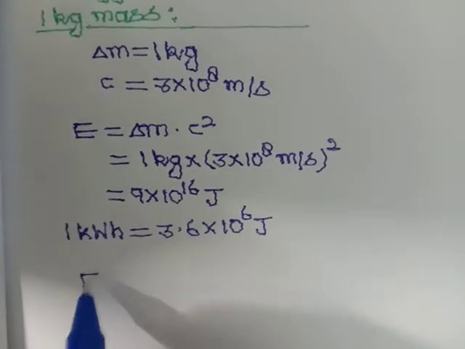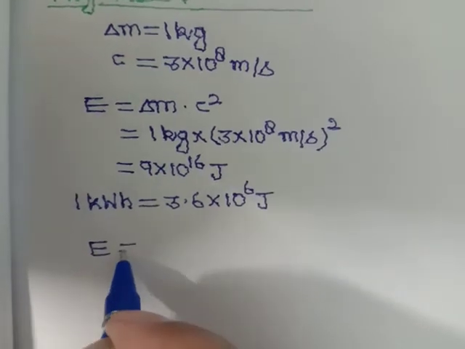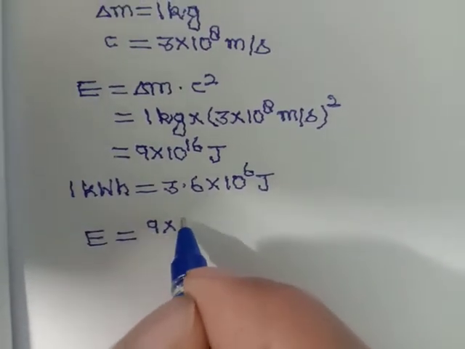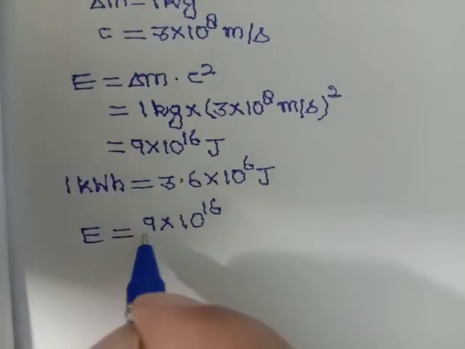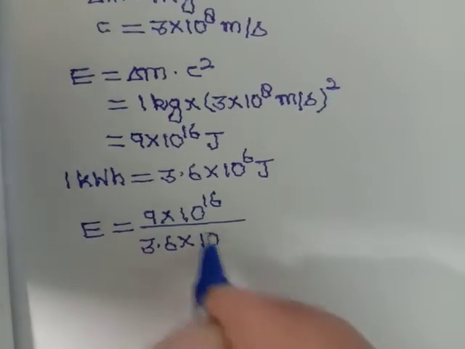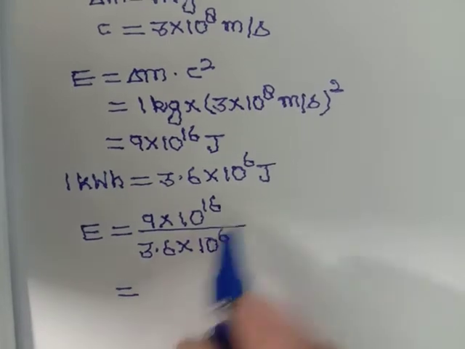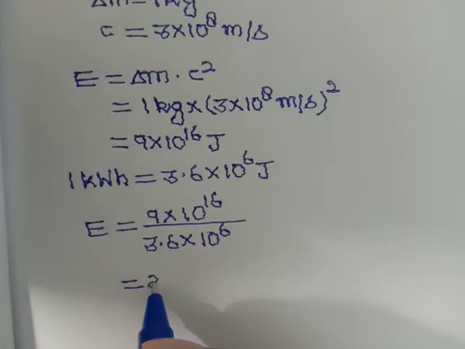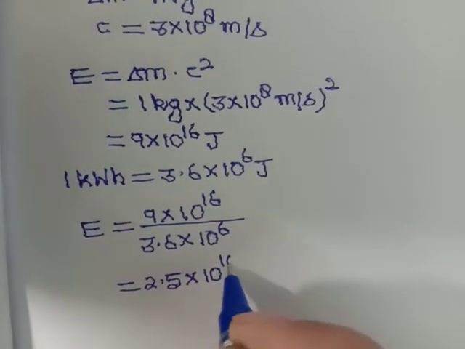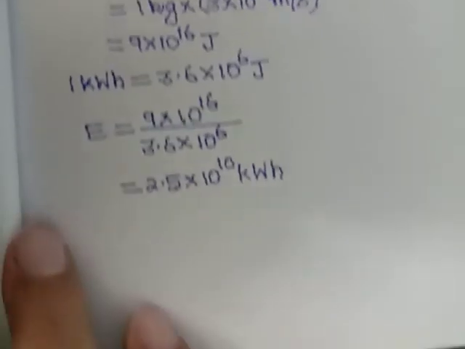So the energy in kilowatt hour can be obtained as 9 into 10 to the power 16 divided by 3.6 into 10 to the power 6, and when we solve it, we get 2.5 into 10 to the power 10 kilowatt hour, right?